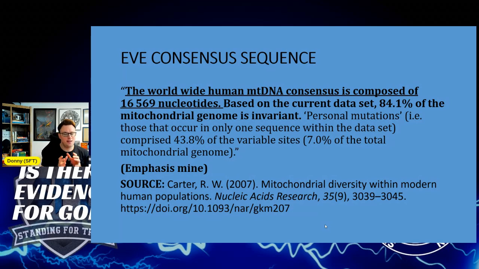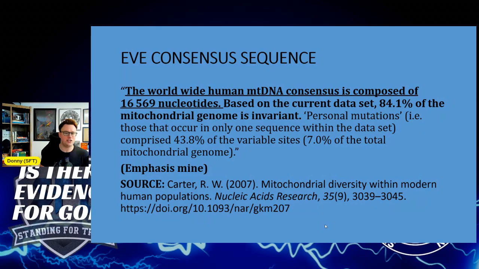Okay. So again, by applying this logic, we can and we have derived an Eve sequence. We literally know Eve. And we know this simply because 85% of the mitochondrial genome is invariant, as we can see here in this specific excerpt from this important paper that I highly recommend reading. And most of the variation is rare.